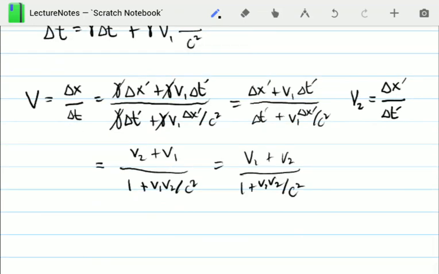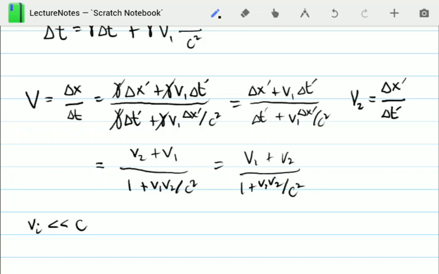okay? So this is actually the correct velocity addition formula, and note that it is not exactly additive, okay? You don't just add v1 and v2. However, for instances where v sub 1 and v sub 2 are very much less than the speed of light, so the term here in the denominator, if v1 and v2 are very small compared to the speed of light, which is 3 times 10 to the 8.